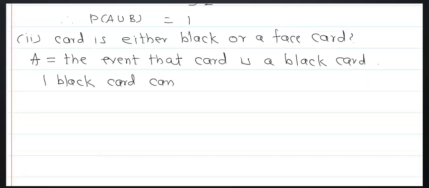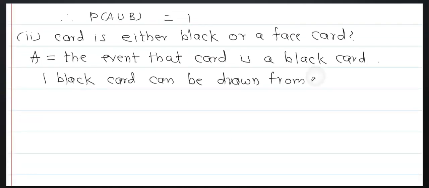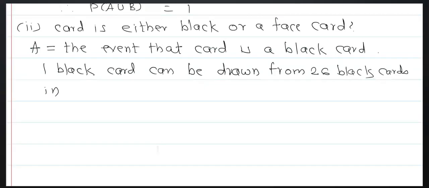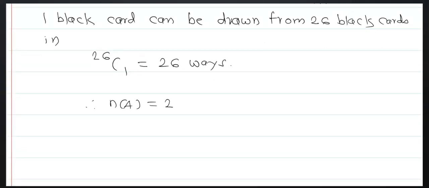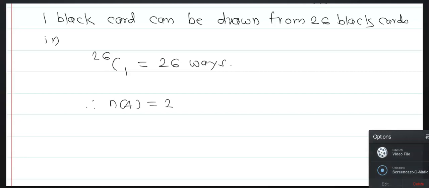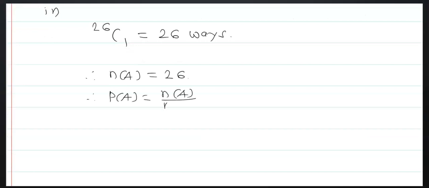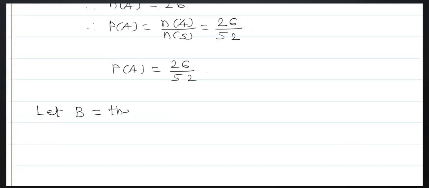Capital A is the event that the card is a black card, that is, one black card can be drawn from 26 black cards in 26C1 ways. Therefore N of A is equal to 26. Therefore P of A is equal to N of A upon N of S, that is 26 upon 52. Therefore P of A is equal to 26 upon 52.